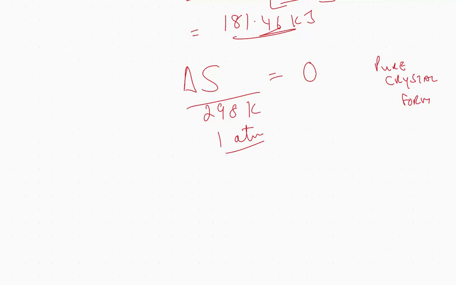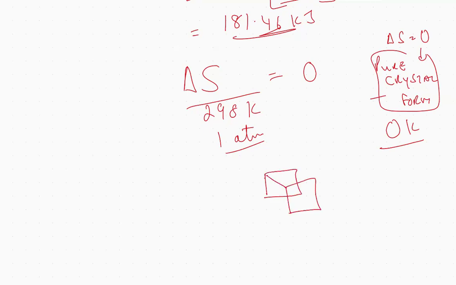In a crystalline form, delta S becomes 0 at absolute temperature, 0 Kelvin. When it is in pure crystal form, the crystalline substance has zero entropy at absolute zero, because pure crystal form is perfectly orderly. Above 0 Kelvin, the particles vibrate.